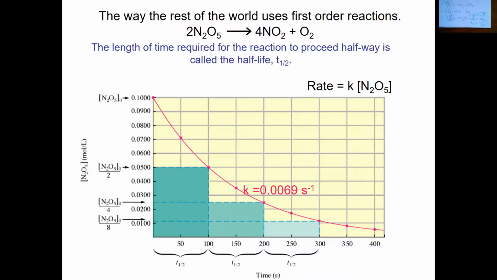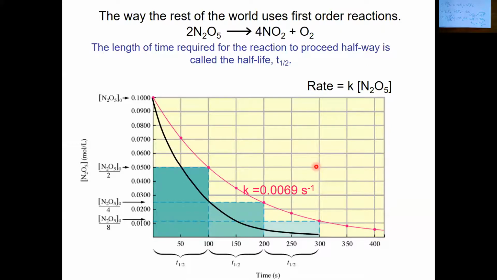As you've seen previously, the units on the rate constant are different depending on the reaction order. Sometimes the only indicator that you have that a reaction is first order, or any order, is looking at the units of the rate constant. First order rate constants always have units of seconds to the -1. So this is my rate constant for the pink trace.